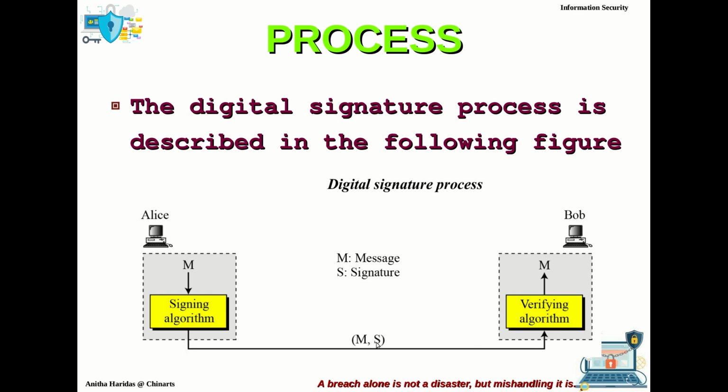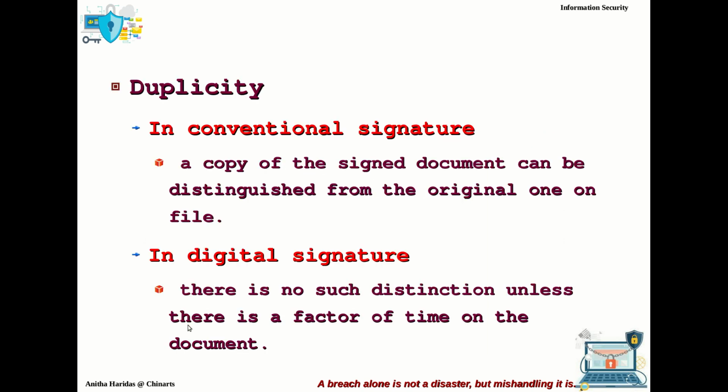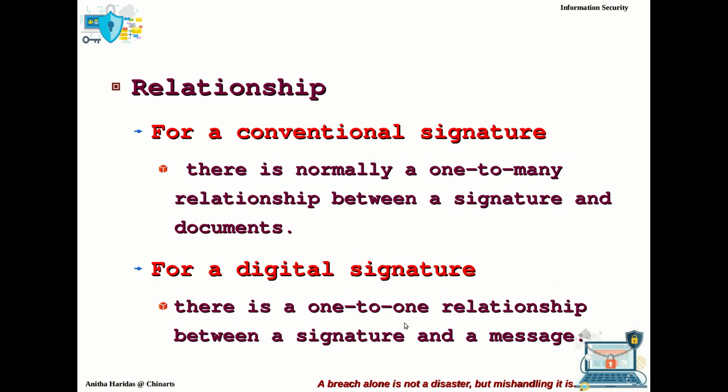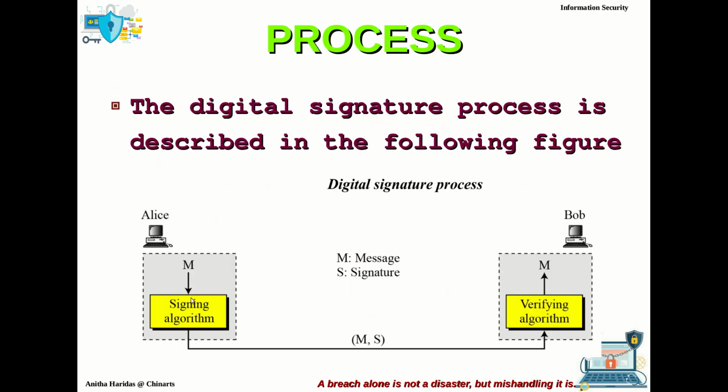Now you can observe here, the message is given to the signing algorithm for generating the signature. That is why we say one-to-one relationship. Based on the message, the signature will be generated. So in this message, if you change a single character, then the signature will be a different signature.